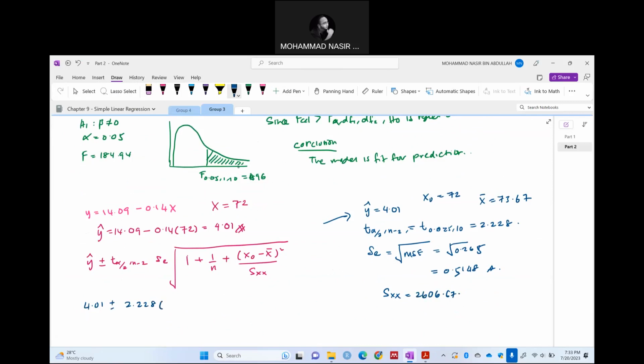2.228 multiplied with 0.5148 times the square root of 1 plus 1 over 12.